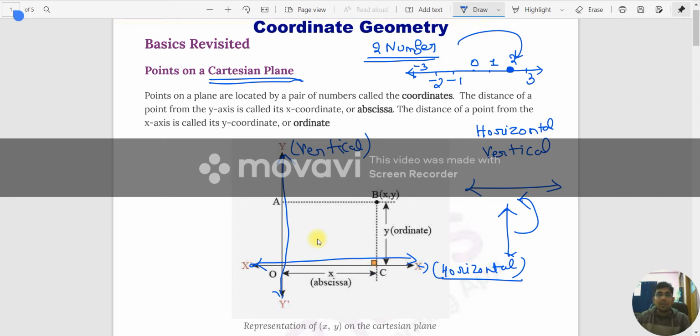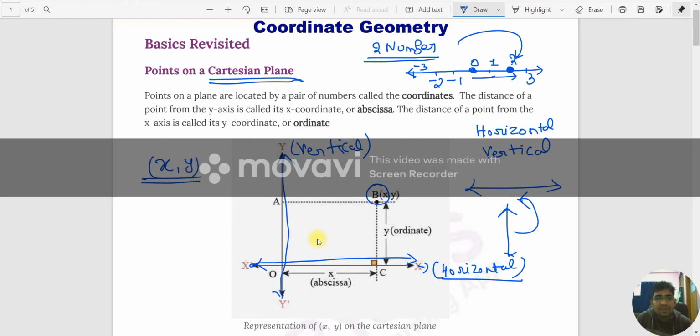Okay, so suppose that in this Cartesian plane we have to mark a point named B. So how can we reach the point B? In the number line we go 1 distance, then a second distance, and mark the point 2. Same as in the Cartesian plane, we have information like x comma y.